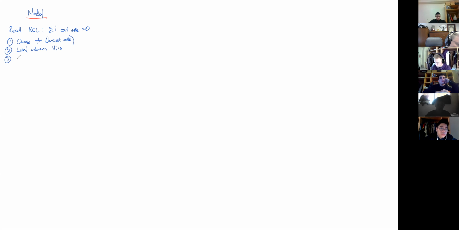Your next step is you're going to have to do something with voltage sources. Nodal methods loves current sources, hates voltage sources. You got to do something with them. And what you do depends upon whether or not one side is connected to ground. If one side is connected to ground, it's probably easiest just to give an example of this.